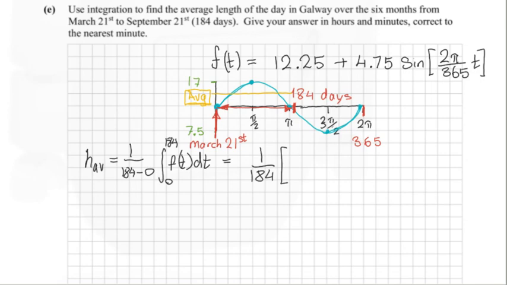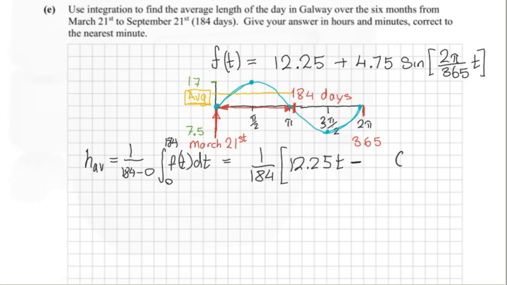The 12.25 we've covered already, so that will go to 12.25 t. And let's look at the sine function. The sine will actually go to cosine, so I'll check page 26 again, and we'll put a negative here.